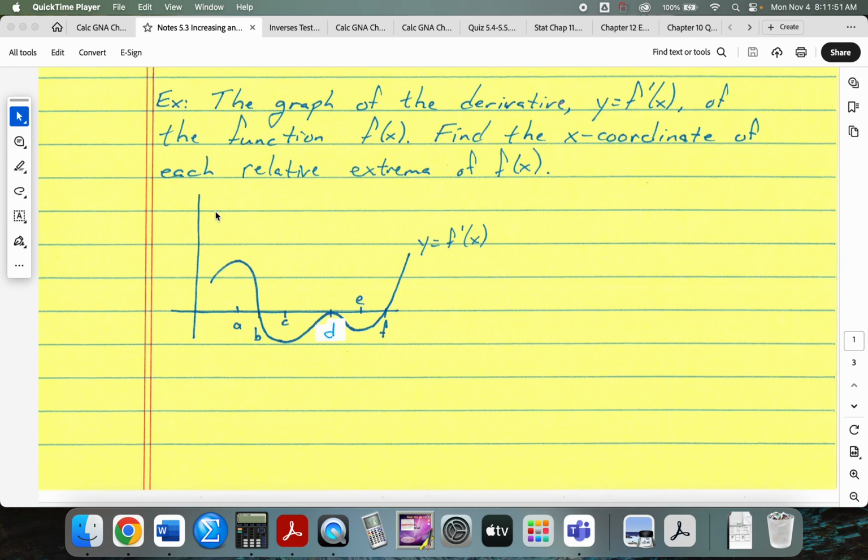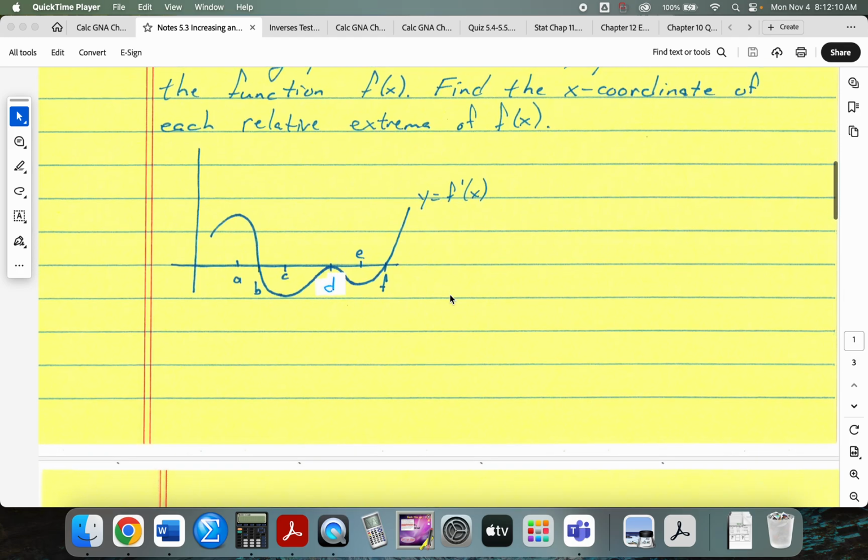So, let's take a look at this one. The graph of the derivative, y equals f prime of x, of the function f of x, I never got around to finishing the sentence, is given. So this is the graph of f prime of x. Find the x-coordinate of each relative extrema of f of x.